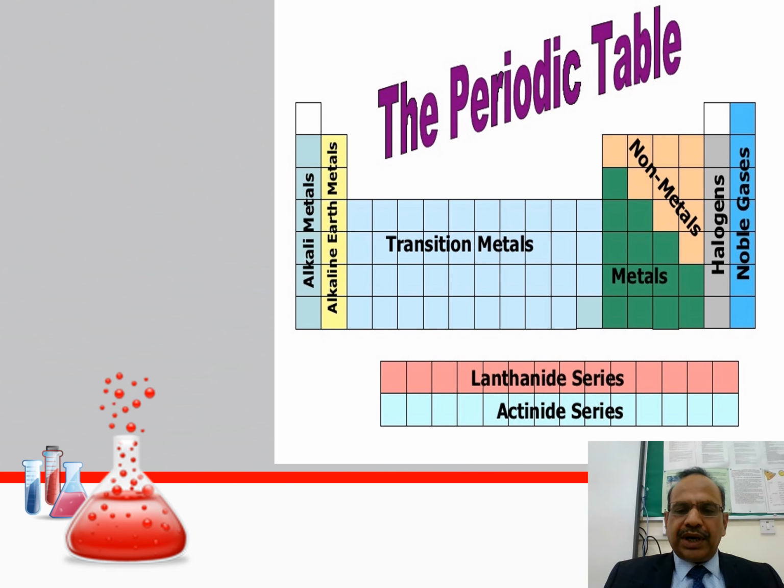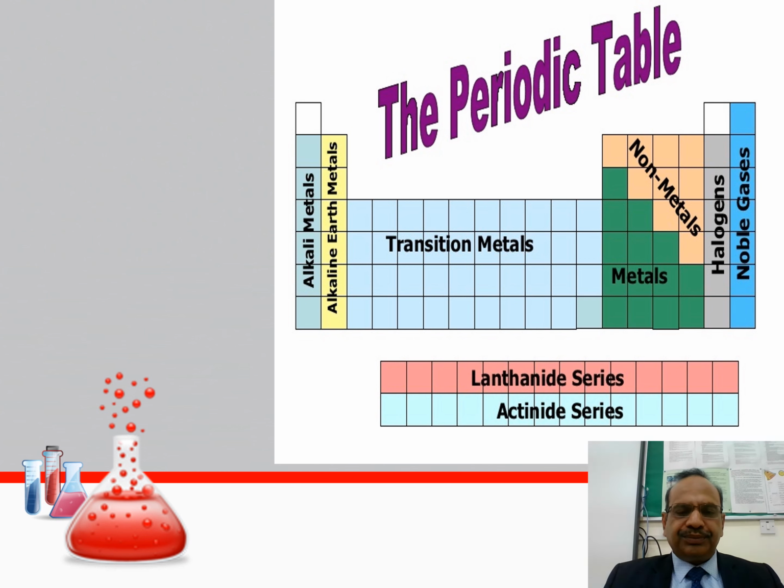Here, look at a simple view of the periodic table. When we are talking about elements, the periodic table must come to our mind, because it is a table in which all elements are there. In general, in this periodic table, we can divide the elements simply into three categories: metals, non-metals, and noble gases.